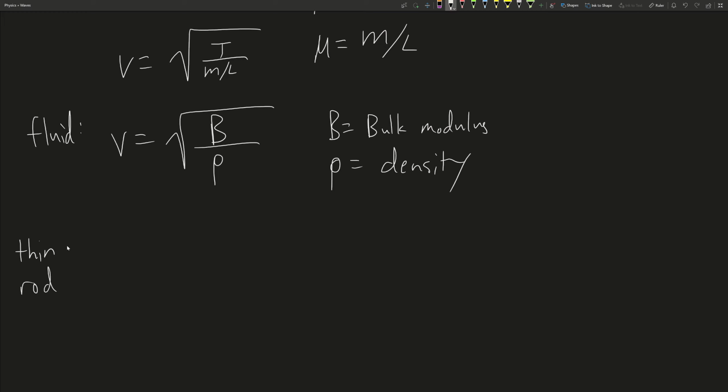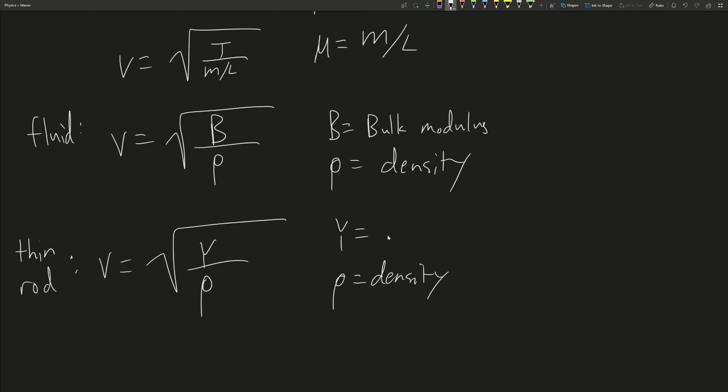If you took a hammer and struck the end of a rod and wanted to know how fast the sound wave travels through it, then v is equal to the square root of Y over rho. Again, rho here is equal to density, and this is just simple mass density, so it's mass over volume. Y here is equal to the Young's modulus, and that's another property of materials.